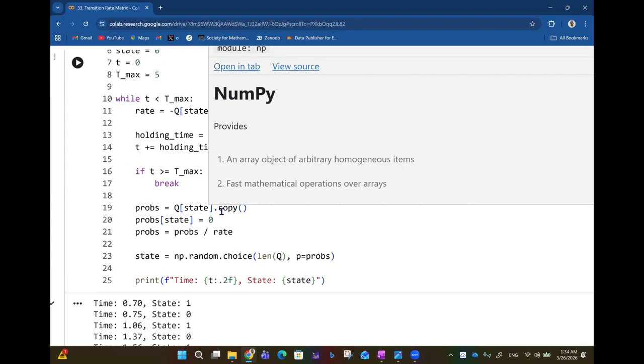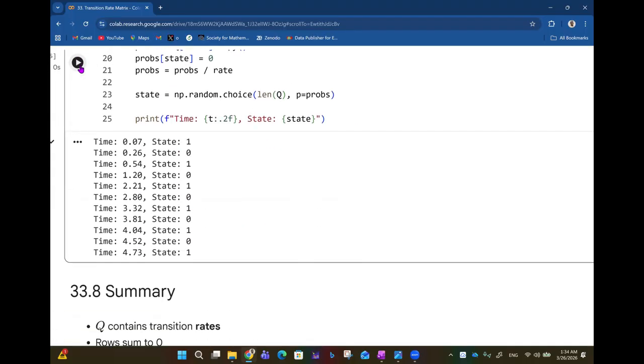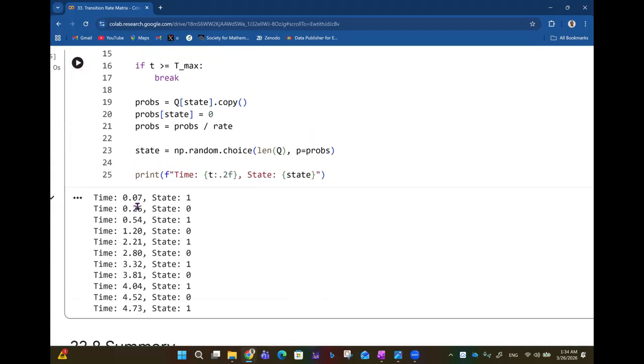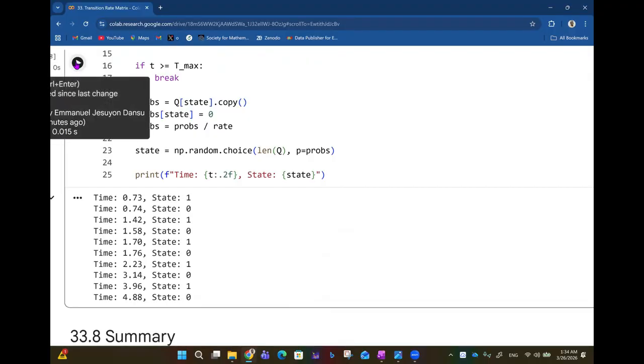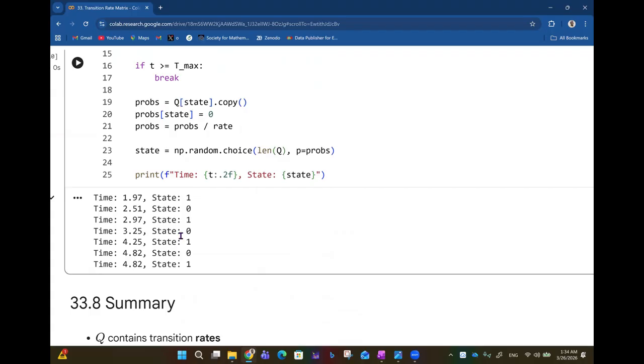If you run all that, you get different states. As you keep running, the states keep changing. At time 0.07, the state is 1. At 0.26, the state is 0. It just keeps alternating between 0 and 1, because we have 2 states. As you keep running, you can have different results showing, and that shows the different possibilities in change of states.